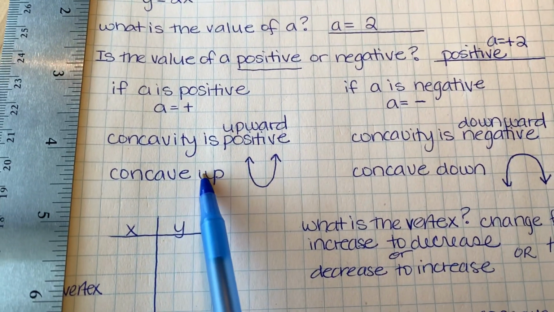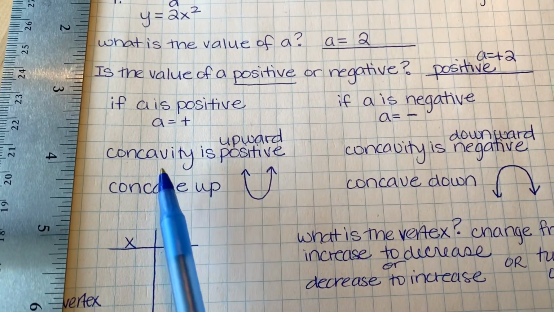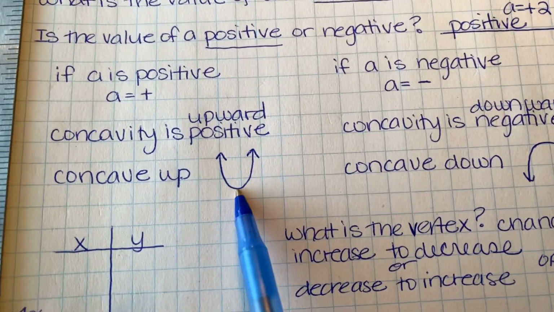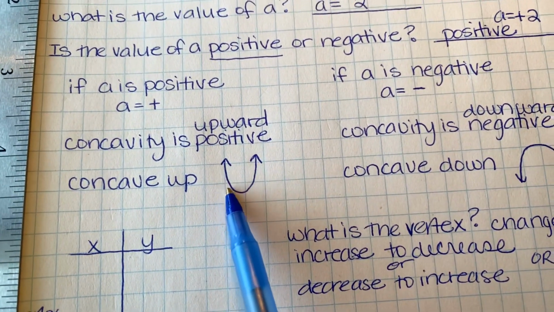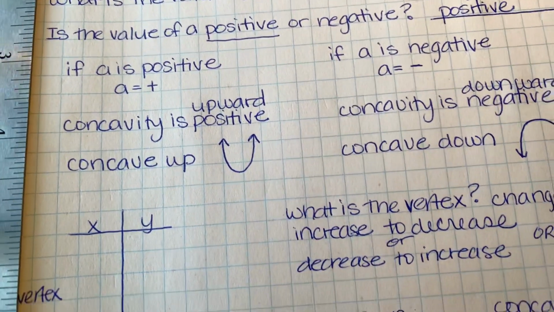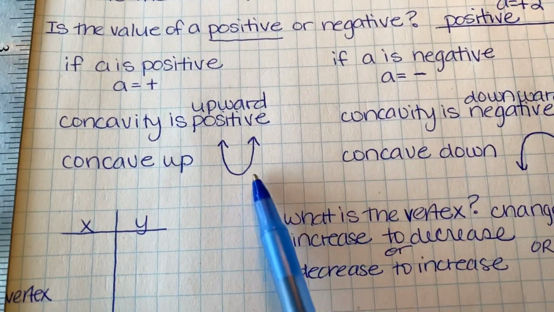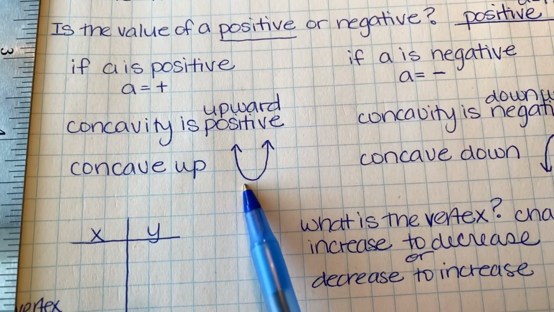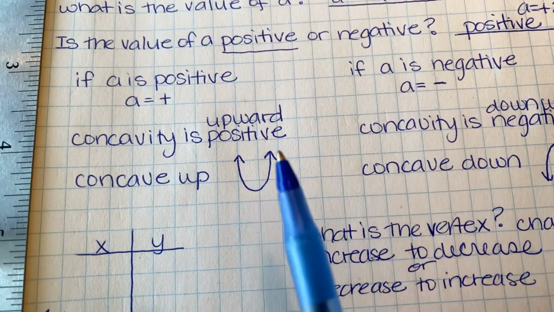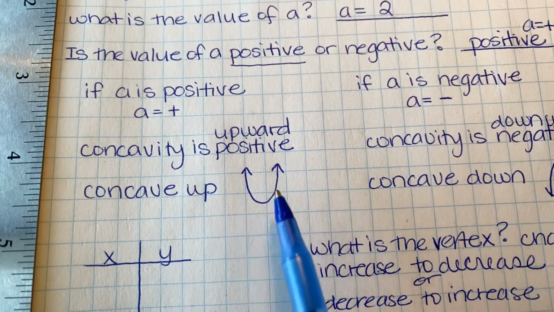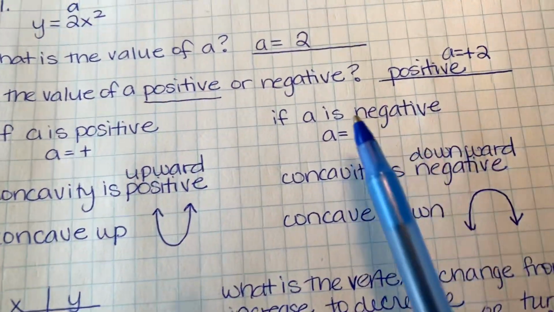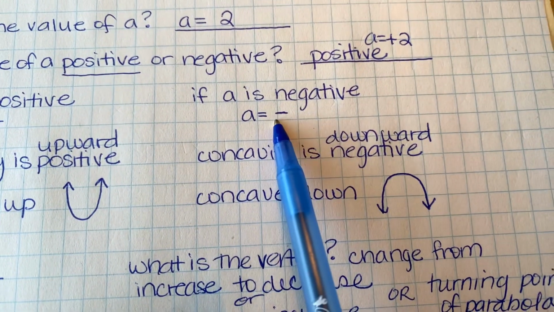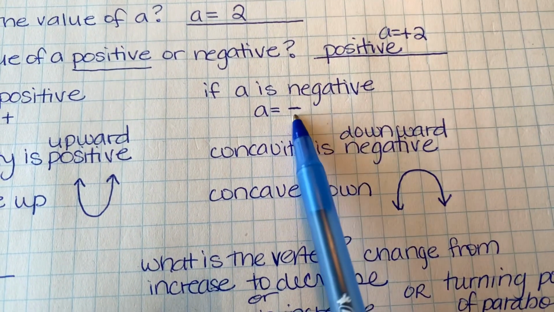It is concave up, or the concavity is positive, or the concavity is upward. Either way, the parabola or the quadratic is going to be going off to infinity upward. Okay, so its lowest, well, we're going to go over this, but this is essentially what it would look like. Depending how skinny or wide, that also depends on the a value, but we'll get to that. Okay, if the a value is negative, then the a value will be negative and then some number. So you're going to see that symbol.